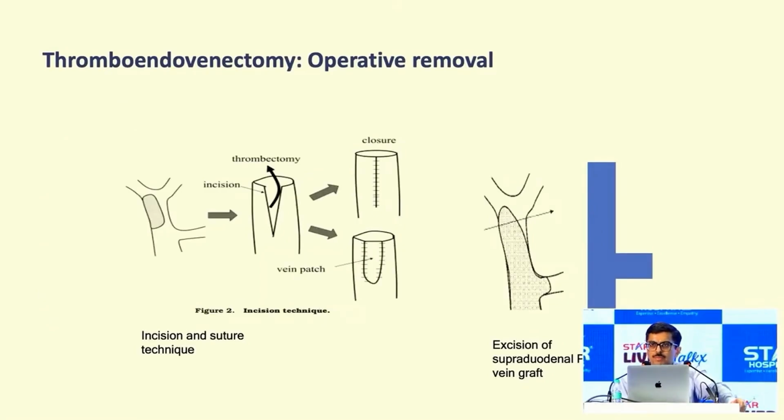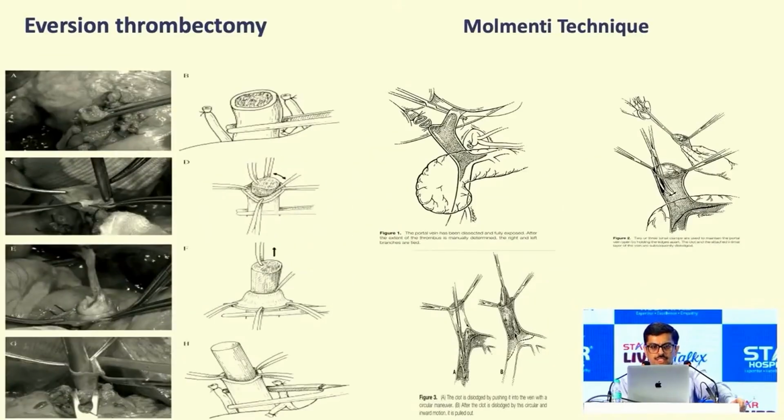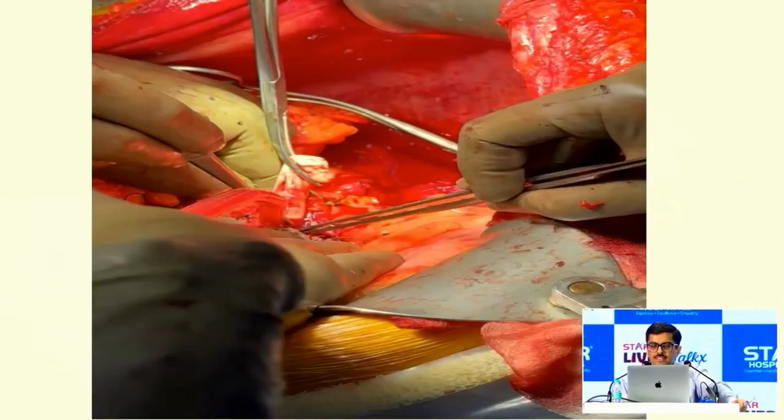You can remove part of the vein along with the thrombus and suture it, or you can do an eversion thrombectomy, where you remove the thrombus from the vein, and for that various techniques have been designed. There can be eversion. You can use a spatula.